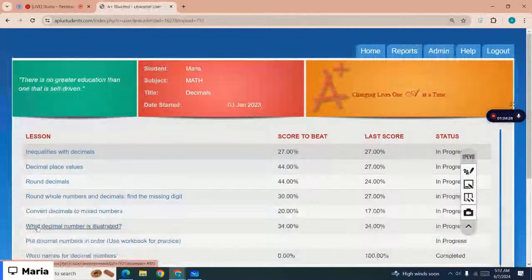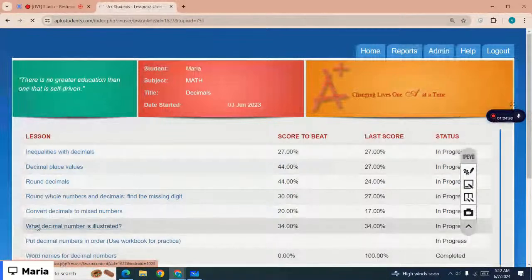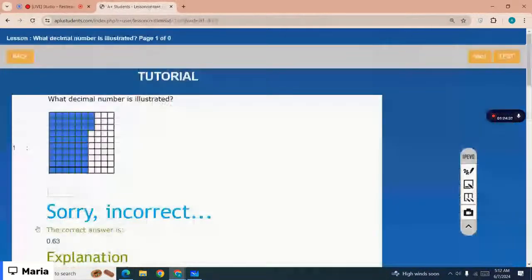What decimal number is illustrated? So basically, you have to understand this chart.